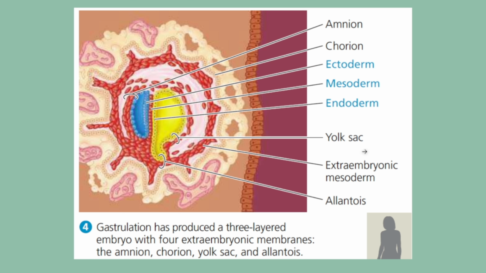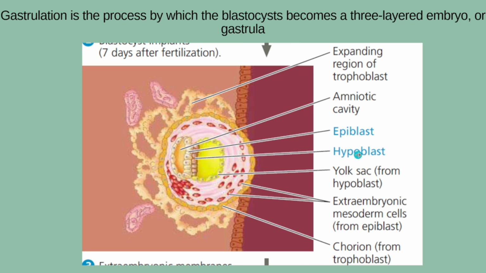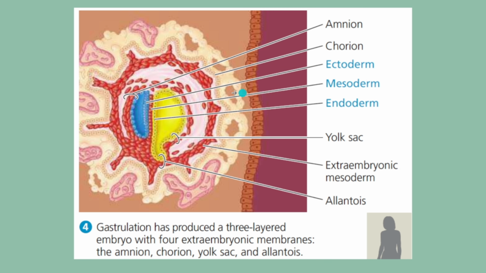How about the hypoblast? The hypoblast will develop the yolk sac. So you can see here this one. The three germ layers come from the epiblast, the majority of them. The epiblast will develop into ectoderm, mesoderm, and endoderm.